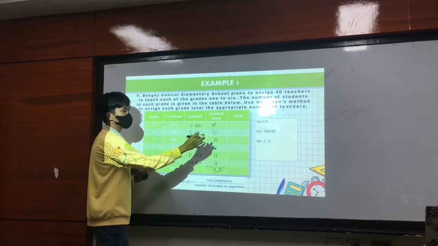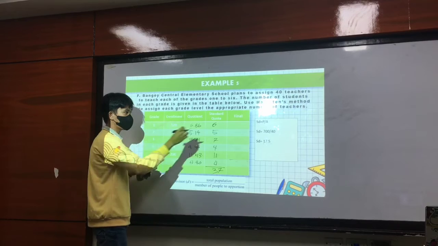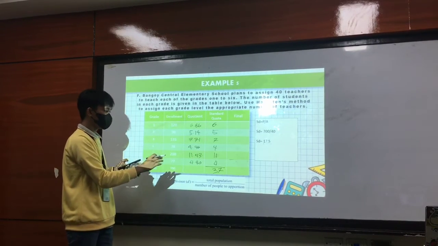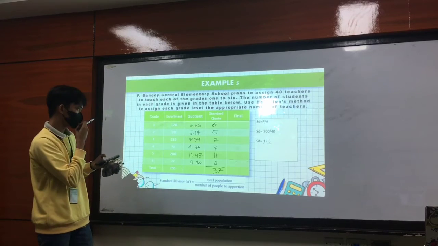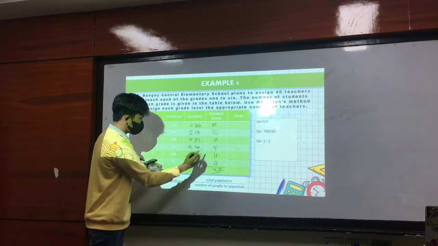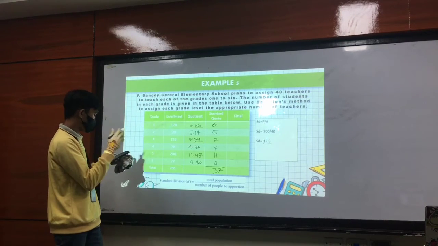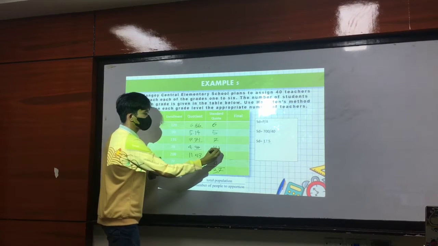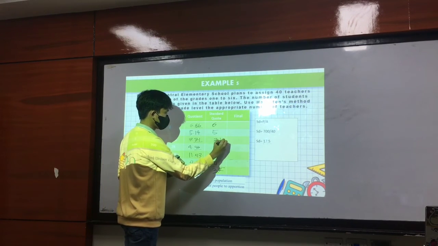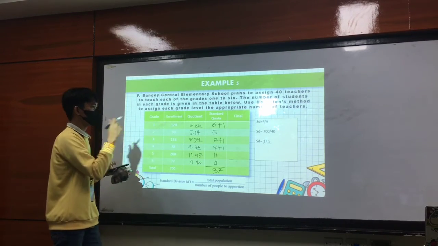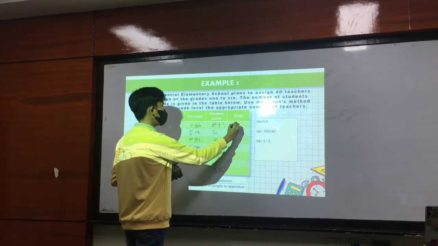So to get that 3, in the final apportionment, we need to find the largest decimal part of each quotient. So we notice here we got 0.86, 0.71, and 0.46. So we need to add 1 to those. So in grade 1, we got the final apportionment of 7.